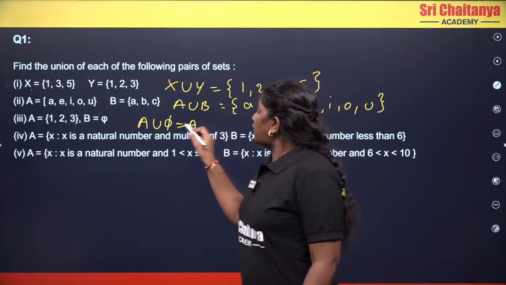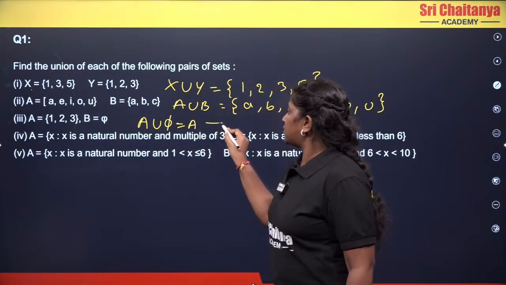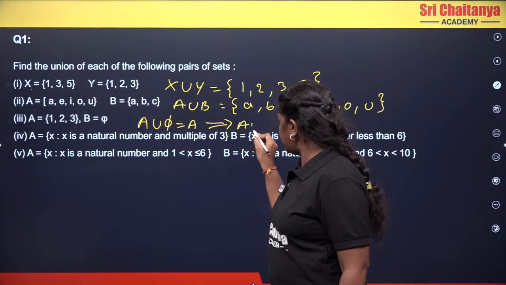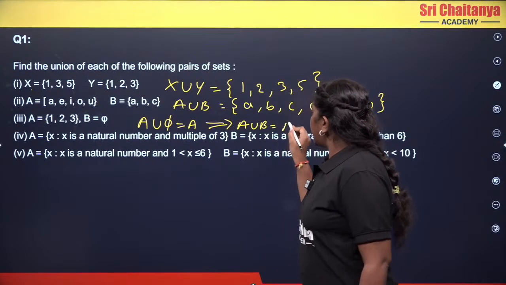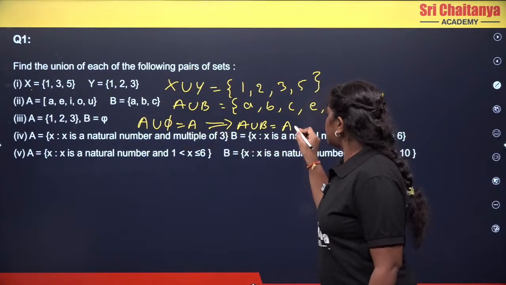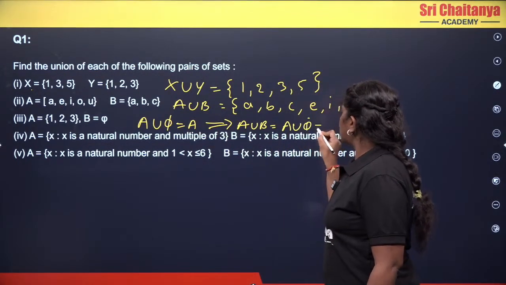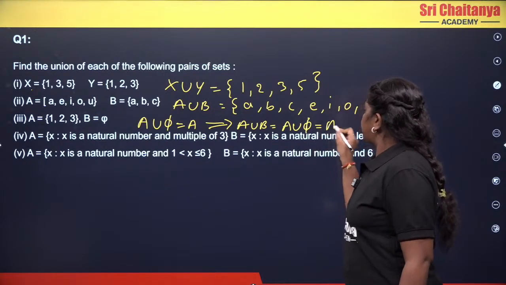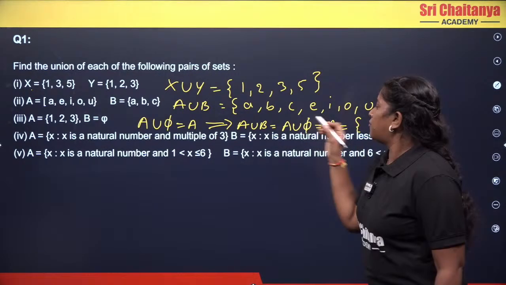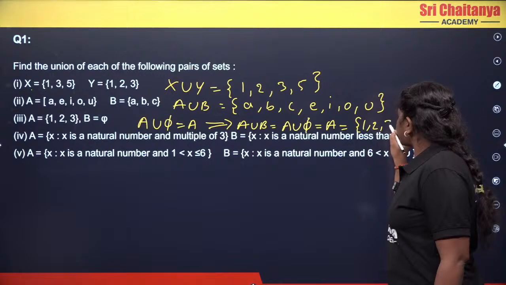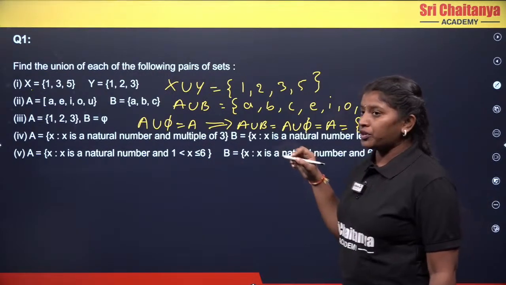So here A union B will be A union phi, where B is phi, which will be given by A. So it will become the set of 1, 2, 3. Okay. Now moving to the next.